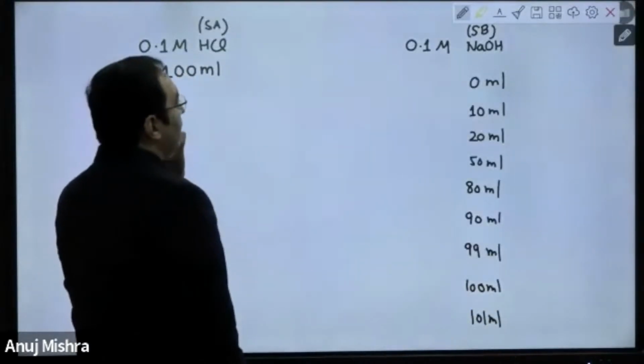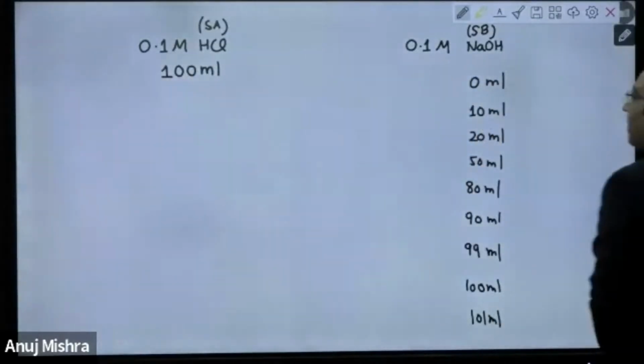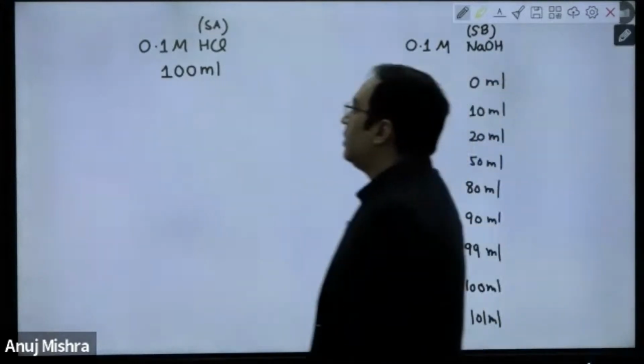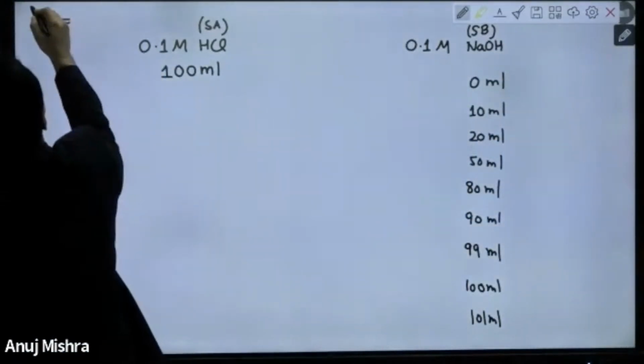What will be the change or what is the pH value of the solution? How will you solve? Let's see one by one all the cases. So what is pH? pH value is defined as, Shravi, what is pH?